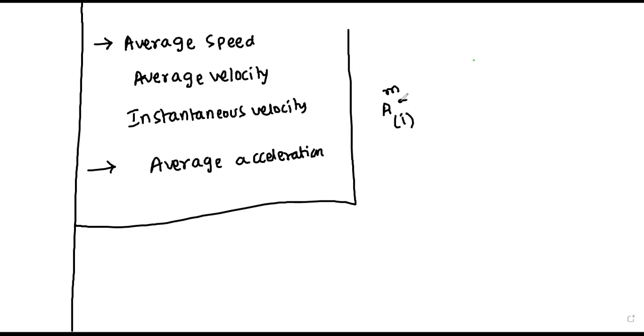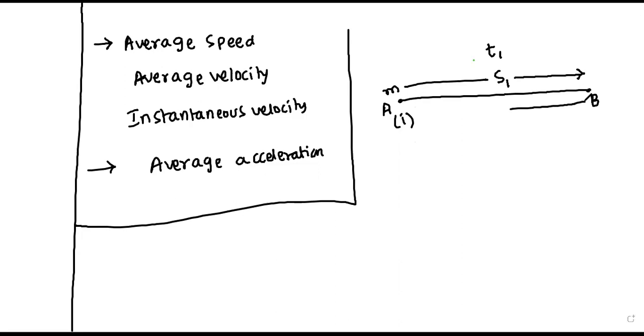The particle is moving from A to the point B, such that it traveled a distance s1 in a time t1. After some time, a very minute time, the particle returns back to its initial position by traveling a distance s2 in a time t2.